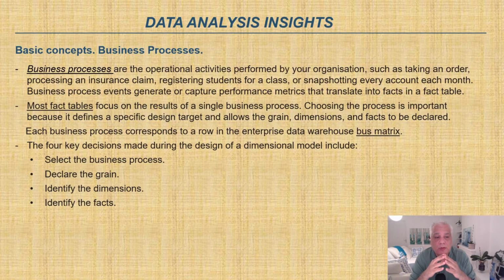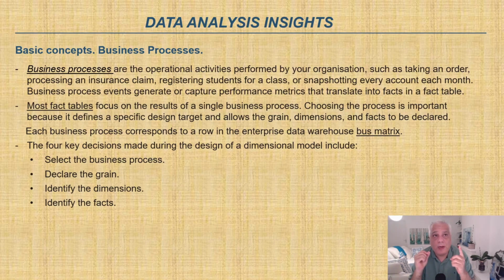It's important because each business process corresponds to a row in the enterprise data warehouse bus matrix. Basically, a bus matrix, when we are designing the data warehouse, has many rows, and each row is a business process, and the columns are the different dimension tables.